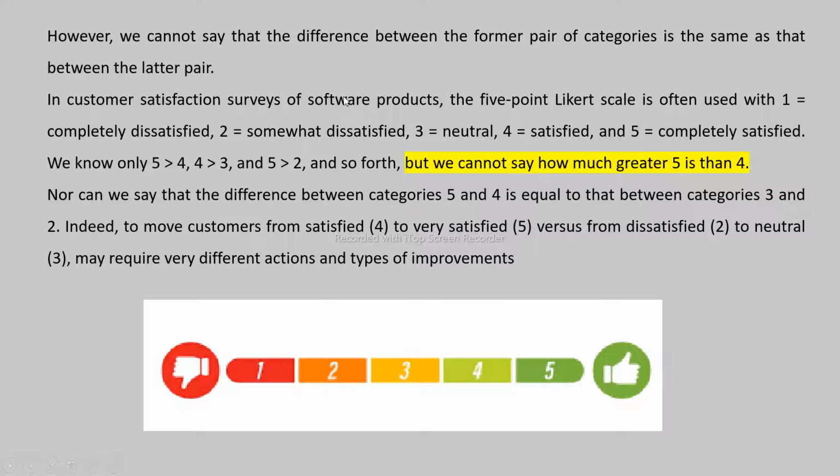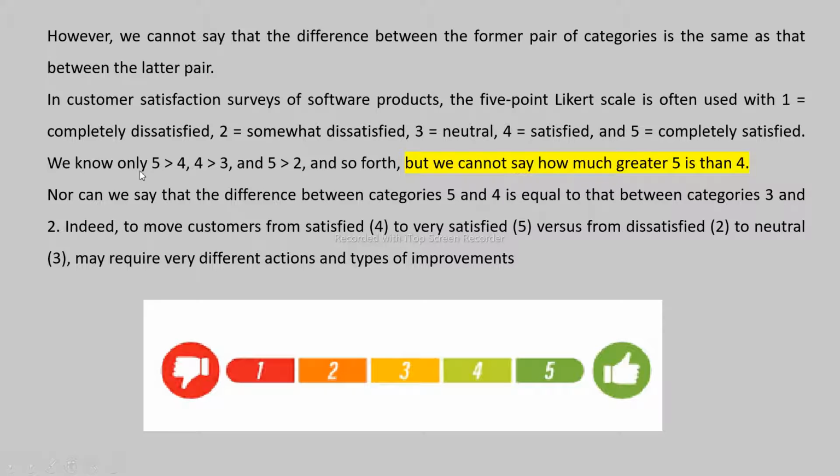However, we cannot say that the difference between the former pair of categories is the same as that between the latter pair. In customer satisfaction surveys of software products, the 5-point Likert scale is often used, with a convention: 1 is completely dissatisfied, 2 is somewhat dissatisfied, 3 is neutral or okay, 4 is satisfied, and 5 is completely satisfied.